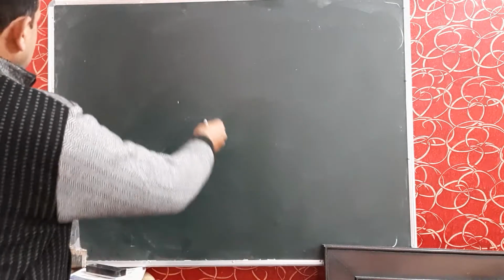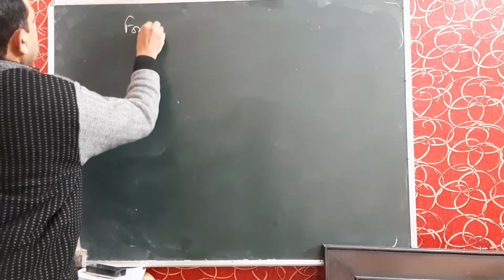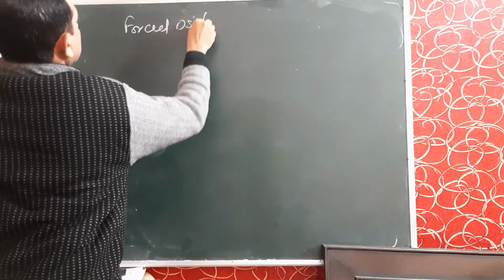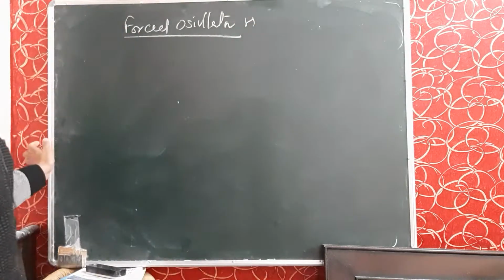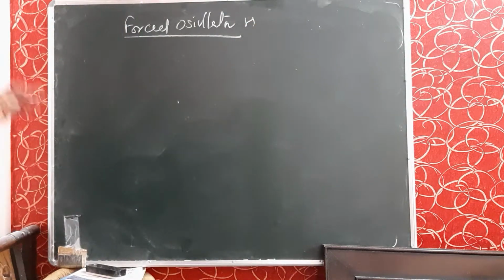Now we will start the next chapter, that is the last chapter of this book, that is forced oscillator. You know that the word force means an external periodic force is applied on the oscillator to produce the oscillations, which is called forced oscillations.